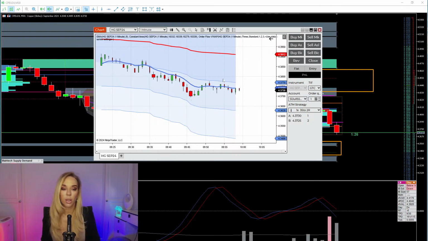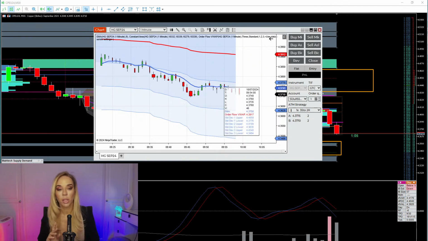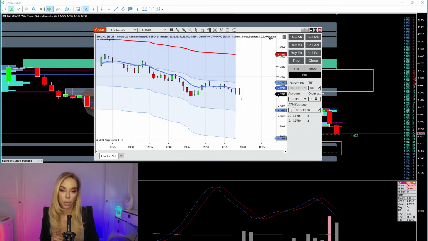There are certain subtleties with every single setup that you can learn as you observe the markets more and more, and as you start to journal in a systematic way, tracking the same things every single day, keeping what's working and getting rid of what is not working. So now we're seeing a bit of a drop here.